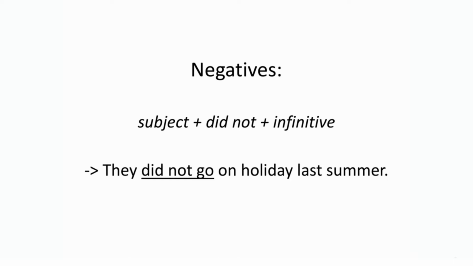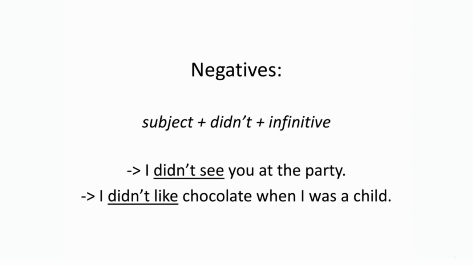For example, they did not go on holiday last summer. We can also contract did and not to form didn't. I didn't see you at the party. I didn't like chocolate when I was a child.